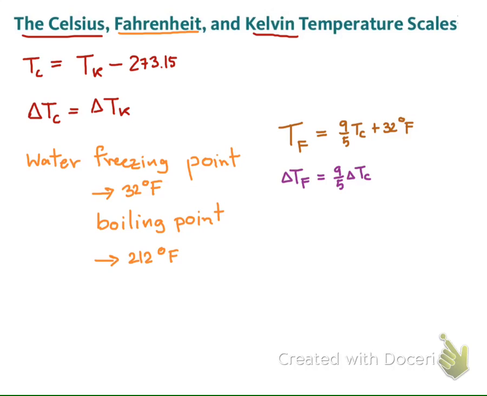So we have to be careful when we use different temperature scales, especially when we talk about the change of the temperature, because the scale of each temperature scale is different. If you compare the change of the temperature between the Celsius scale and the Kelvin scale, that's fine because they are equal. But if you compare the change of the temperature in the Fahrenheit scale and the Celsius scale, you have to be careful because they are not equal.